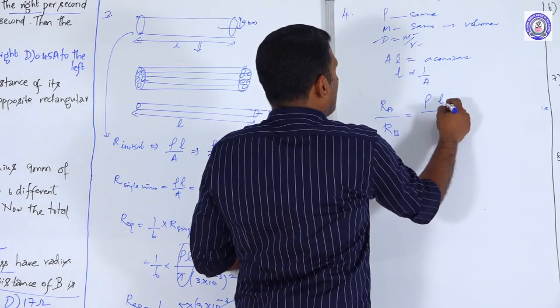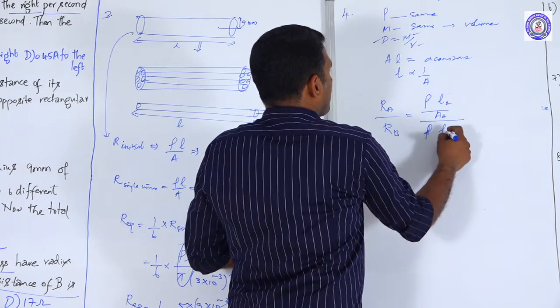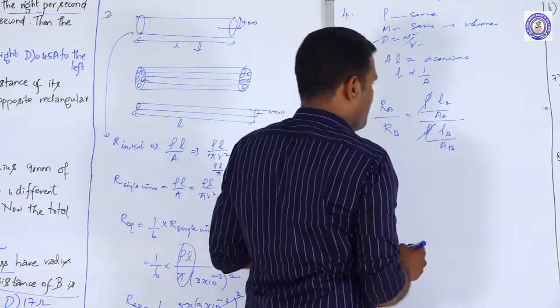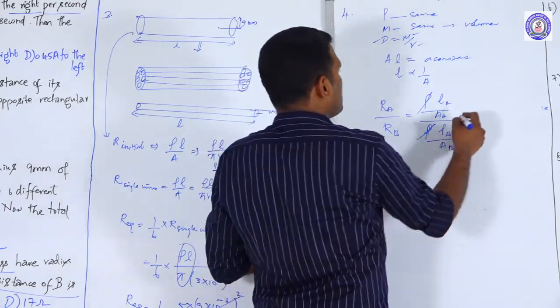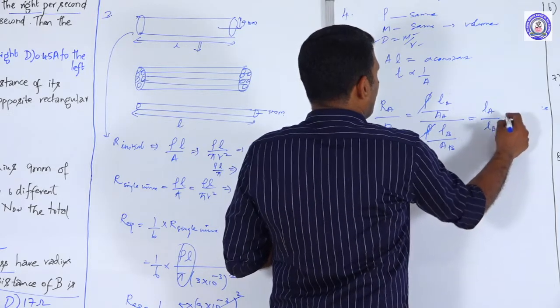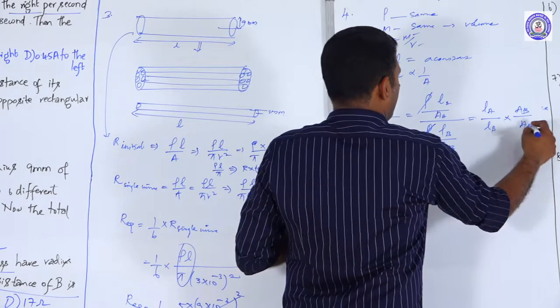RA divided by RB equals rho LA divided by AA over rho LB divided by AB. They are of the same material, so rho gets cancelled out. This is equal to LA divided by LB into AB divided by AA.